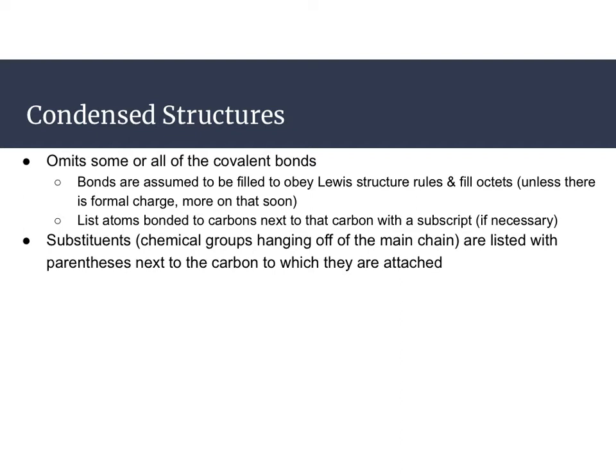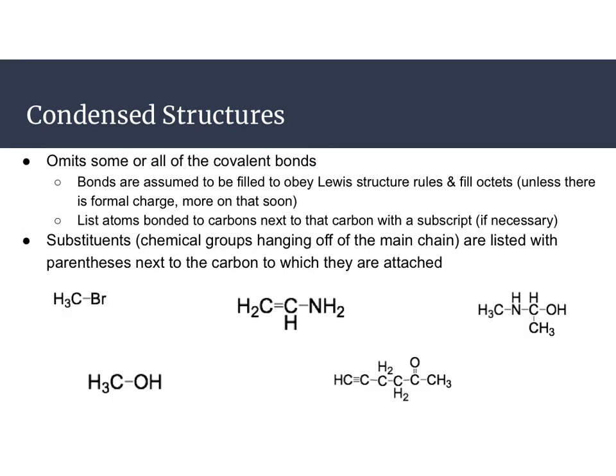And so I'm going to do a bunch of examples so that it's a little less confusing. So these are the structural structures that we just talked about on the last page. And now we're going to take these structural structures and convert them into condensed structures. Generally, when I write condensed structures, you're going to write the carbon first and what's bonded to it after.